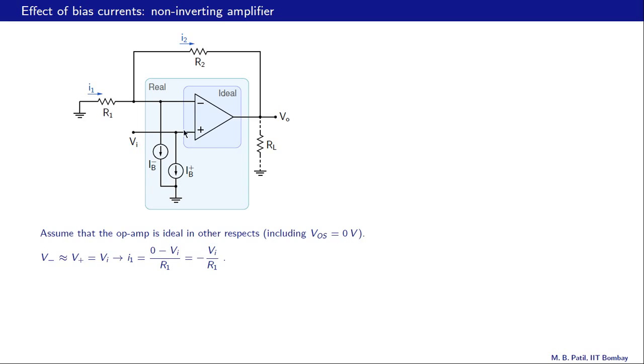Now since this op-amp is ideal, V minus and V plus are equal. V plus is equal to Vi, the input voltage, therefore V minus is also equal to Vi. And the current I1 therefore is 0 minus Vi divided by R1, that is minus Vi by R1.